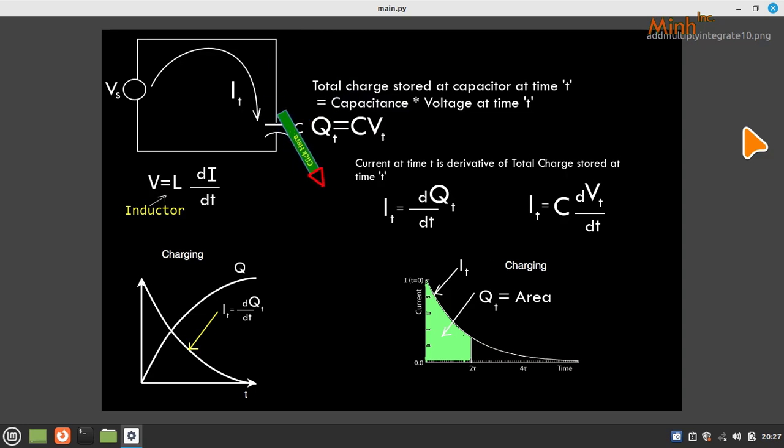Now if I see what the current is, current is nothing but dq by dt.